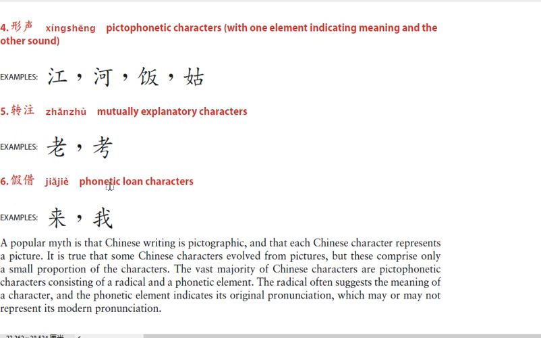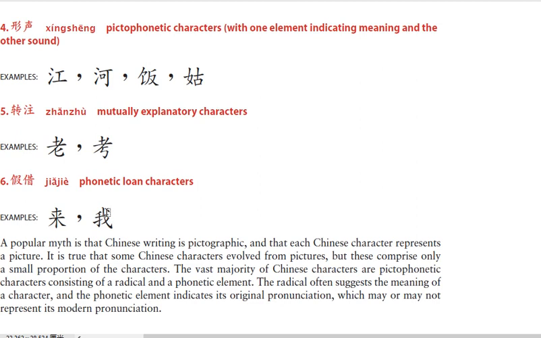It is called phonetic loan characters, which means a long time ago people used, for example, 我. In modern Chinese it means me, but a long time ago it meant another thing. But at one time in history, someone borrowed this word to indicate the meaning of me, and then gradually more and more people used 我 to indicate the meaning of me, and then people started to give this additional meaning to this character.